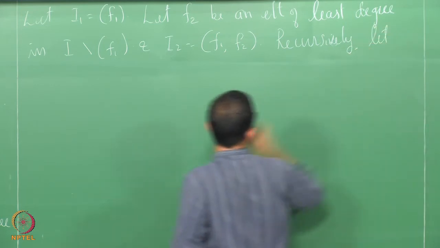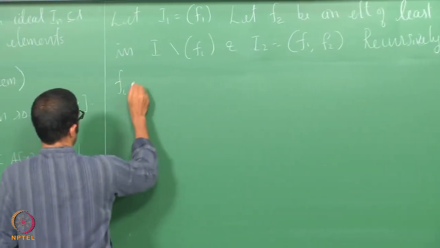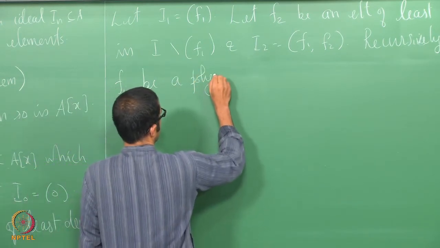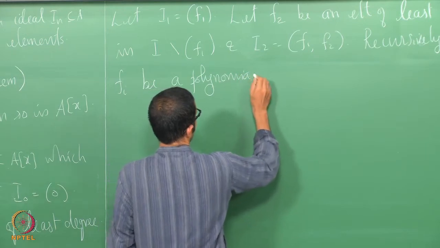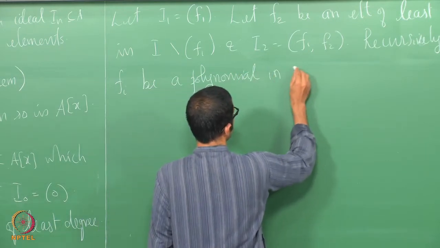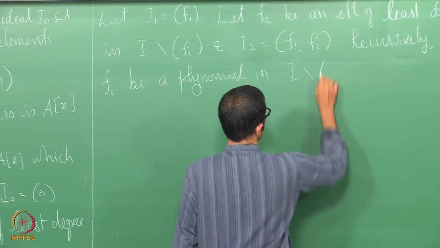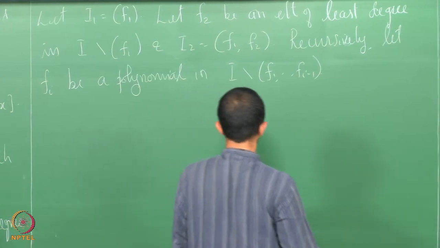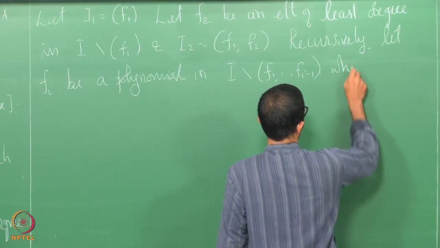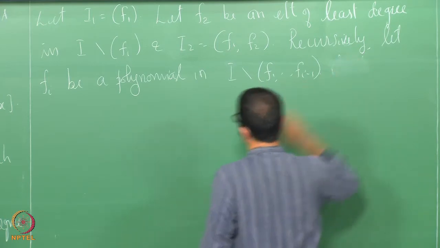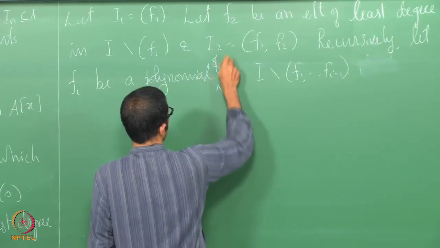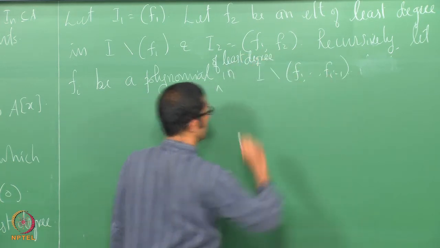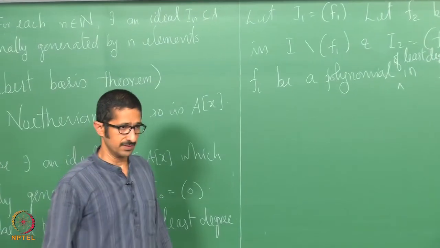Let f_i be a polynomial in I without the ideal generated by f_1 up to f_{i-1}, which is a polynomial of least degree in the set.